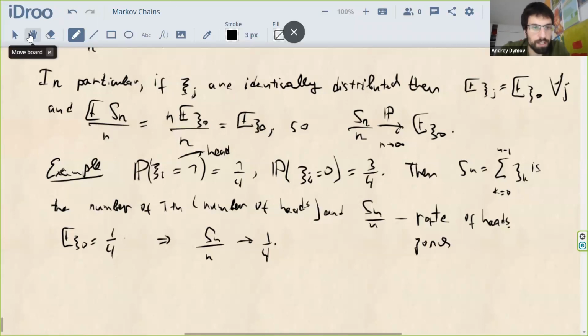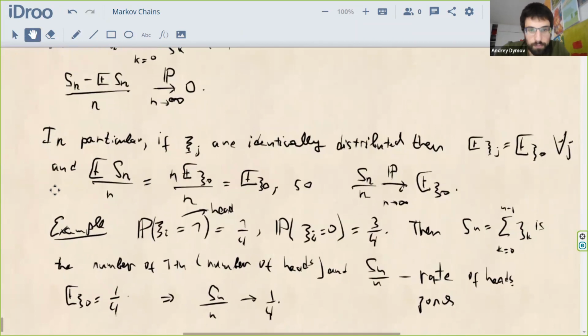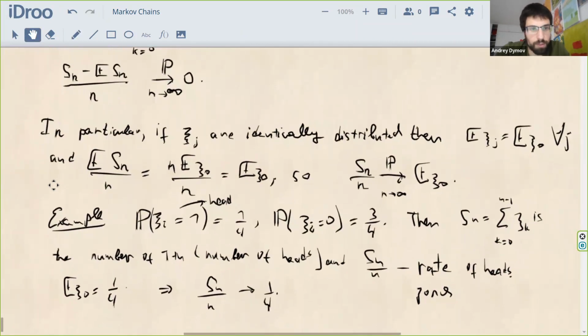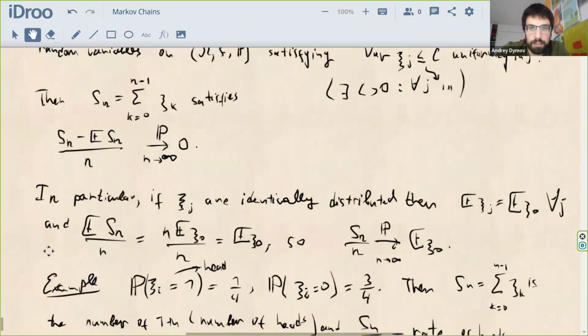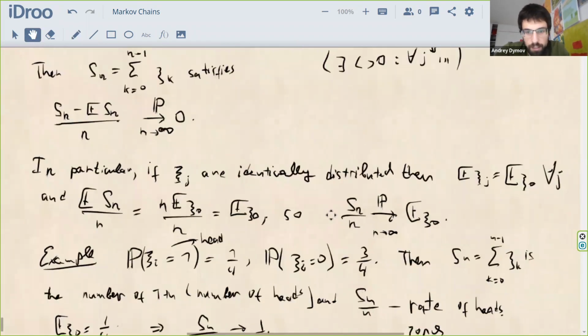But this is a mathematical theorem, and what is nice in this theorem is that in the left hand side you have a random object, but it converges to a deterministic object, just a number. So this is the law of large numbers. Usually in applications it's used just to understand what is the rate of some events, for example, as in this example.